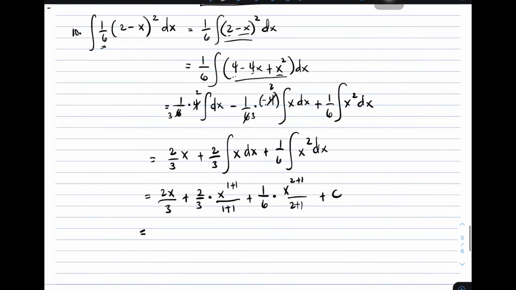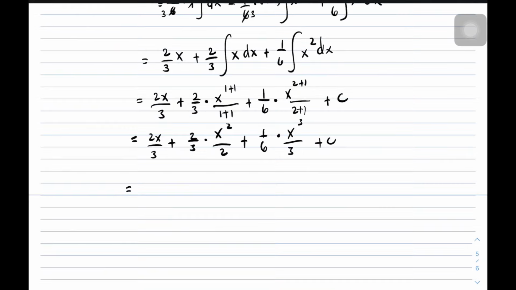And then, next line natin, we have here 2x over 3 plus 2/3 times x squared over 2 plus 1 over 6 for the third term times x raised to 3 over 3 plus c.